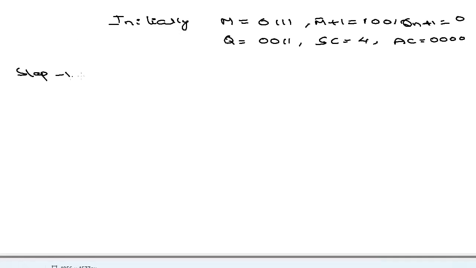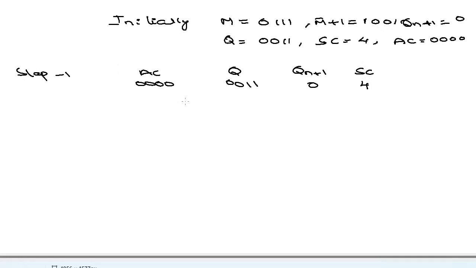The accumulator is assigned 4 zeros, because the total number of bits is 4. Next, Q is 0011, and Qn plus 1 is 0, and the sequence counter is 4.